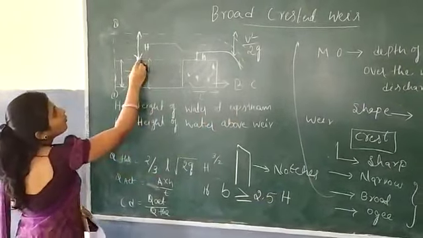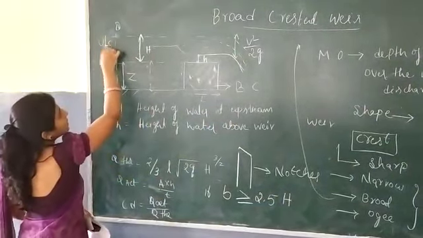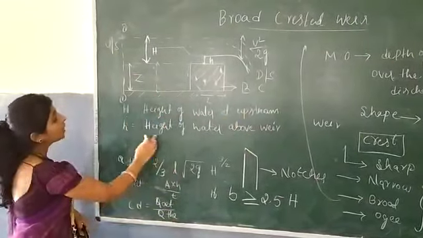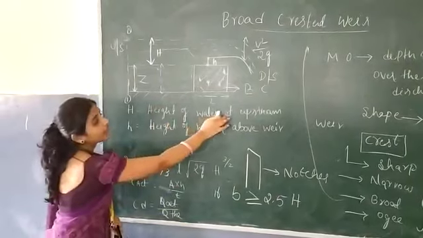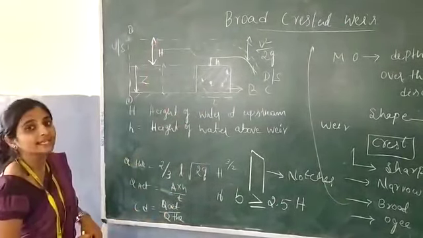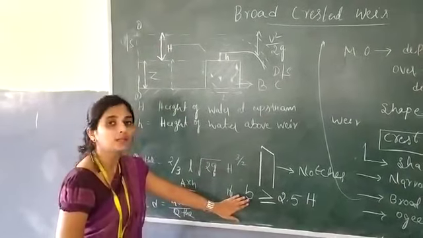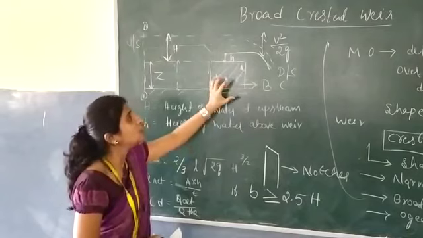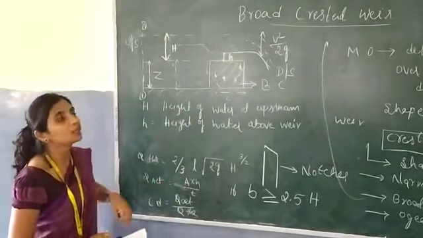You can see over here, this is the upstream, and this we will be considering as the downstream. So if the breadth of the weir is greater than or equal to 2.5 times the height of the water at the upstream, then we will be constructing the broad crested weir.